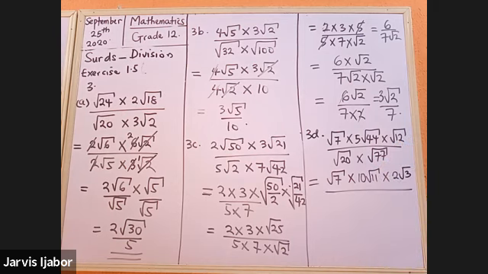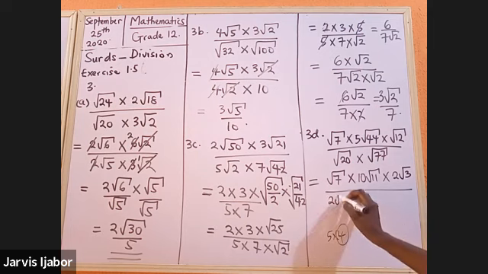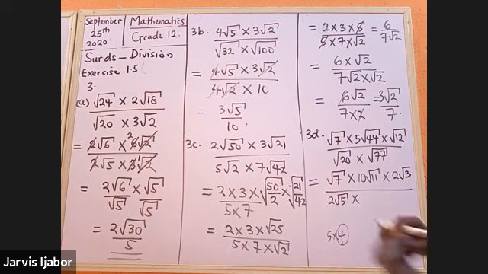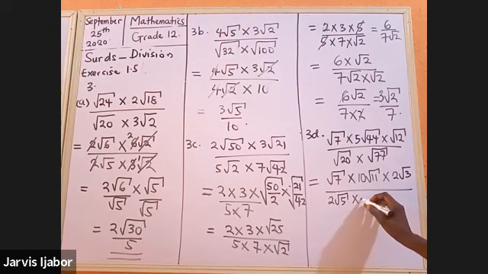Divided by, now look at 20. 20 is actually 5 times 4. So I can find the square root of 4, and that will be 2. So that will be 2 root 5 times the square root of 77. I can't do anything about this.